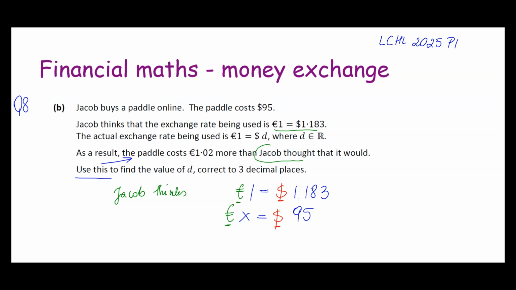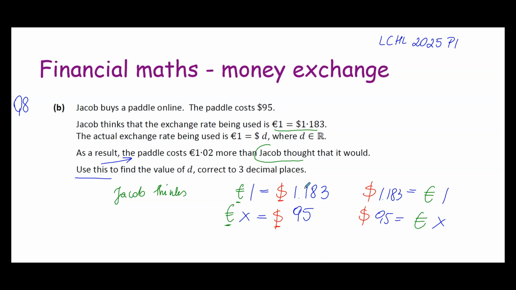I could write them the other way around, dollar to dollar, and then euro to euro on the other side. As long as we are comparing like with like, that's the main idea. And how do we solve that?